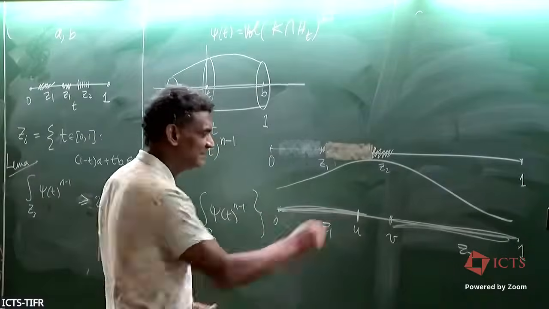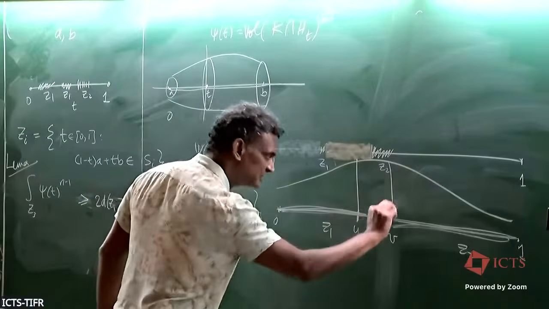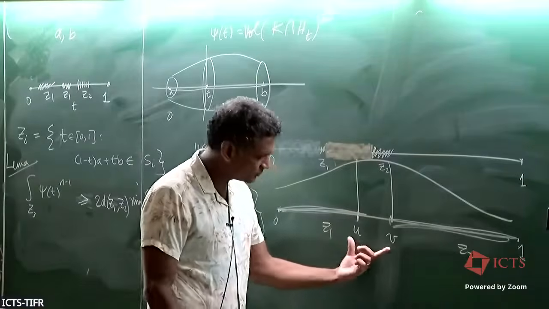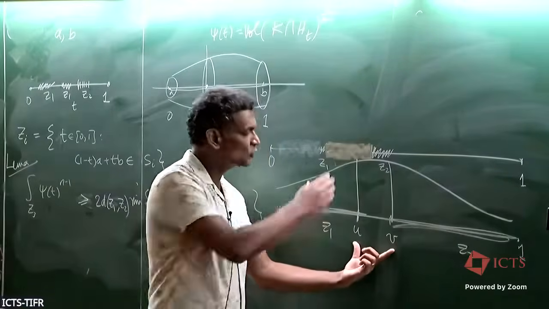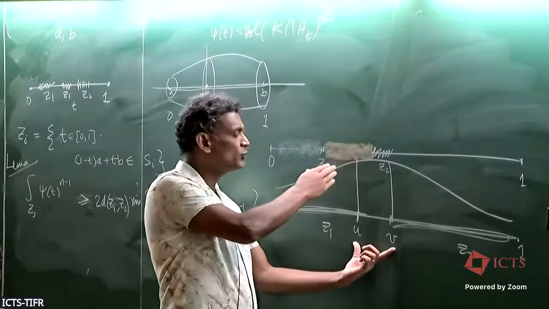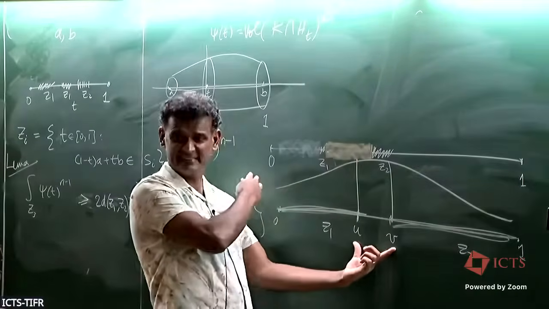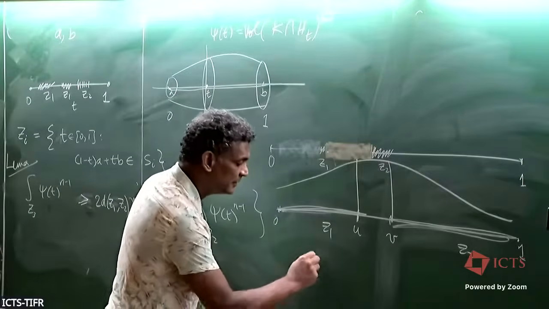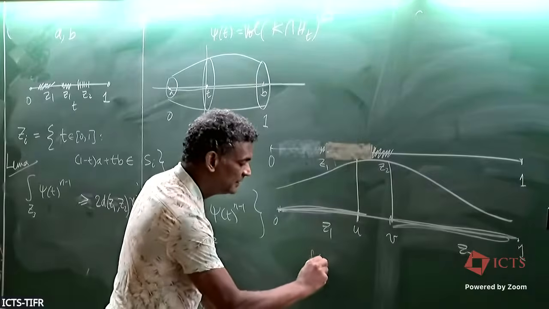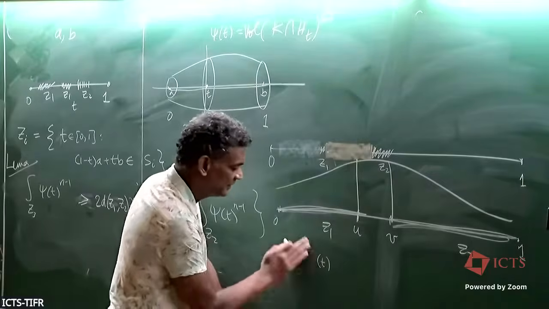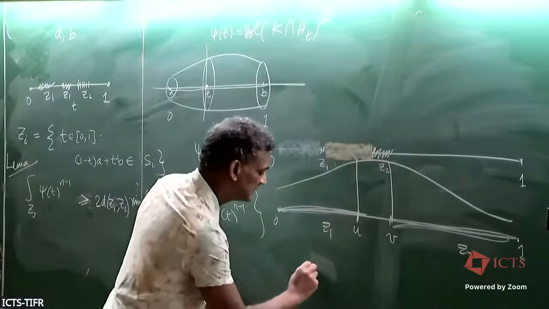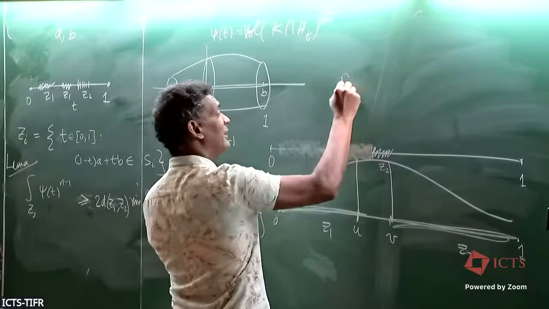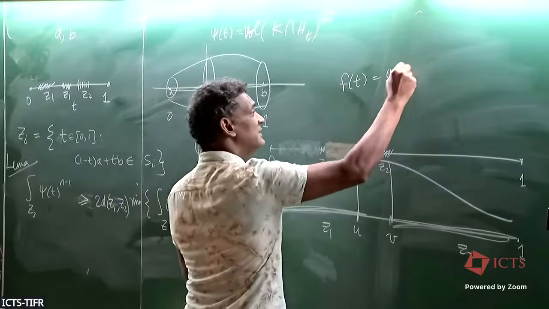This is a completely easy argument. So the first claim is that there is going to be either u or v. Of course, one of them is less than or equal to the value, but also on one side, it's going to be non-increasing. So without loss of generality, we can assume that, let me call f of t to be this psi of t to the n minus 1.